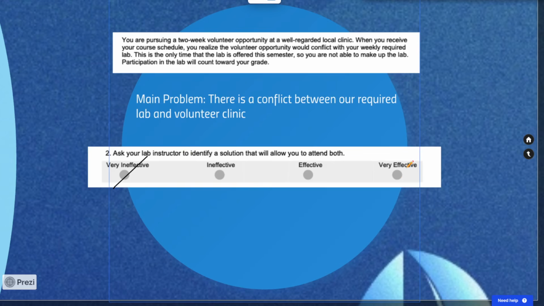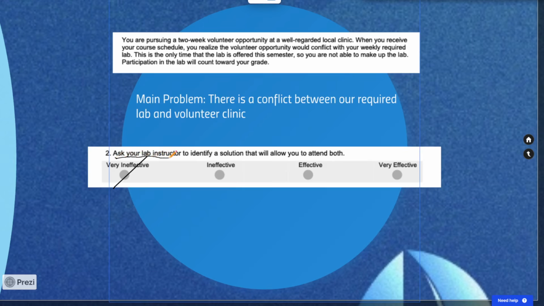Now, is this a very effective response? I'm going to throw it out there that this is not going to be a very effective response. Now, how do I know that? Well, this is a bit tricky, right? And we'll get better at this, and we'll build the skill and intuition more as we go through the exam. But in this question, the way it's worded is that we're not the one to identify the solution, right?